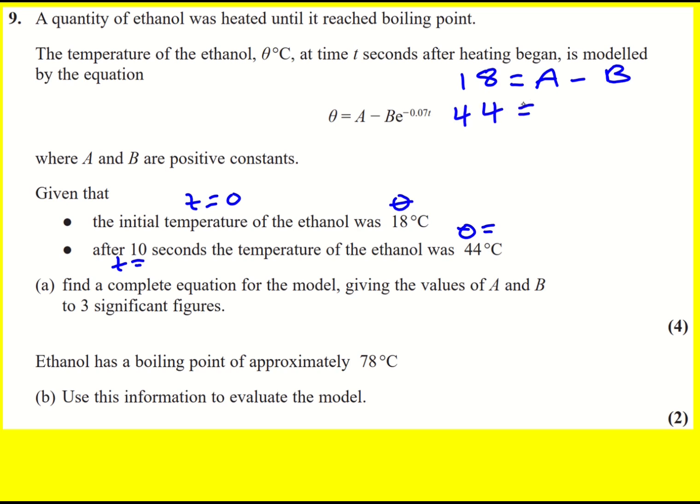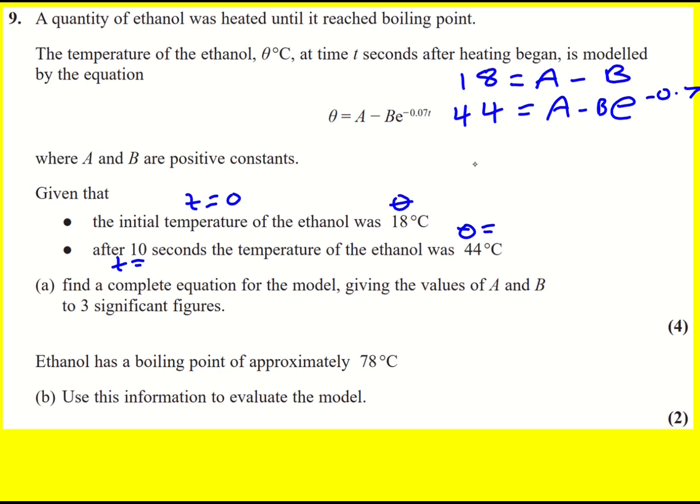And then when t is equal to 10, I'm going to get 44 is A minus B e to the minus 0.7. You could write that as a decimal, but I'm going to work exact for the moment. Oh, I also missed a B out. So I'm going to subtract the equations.